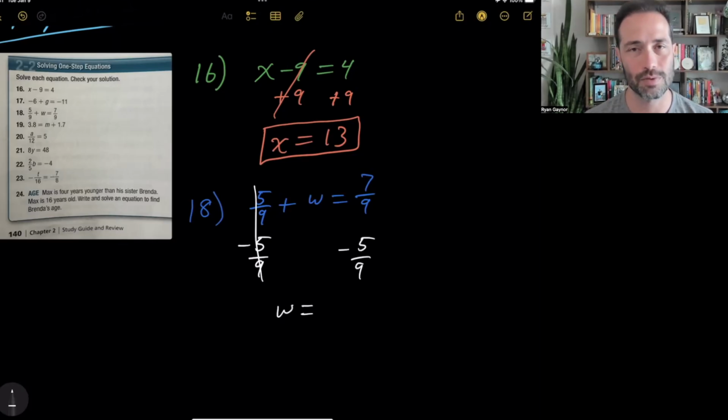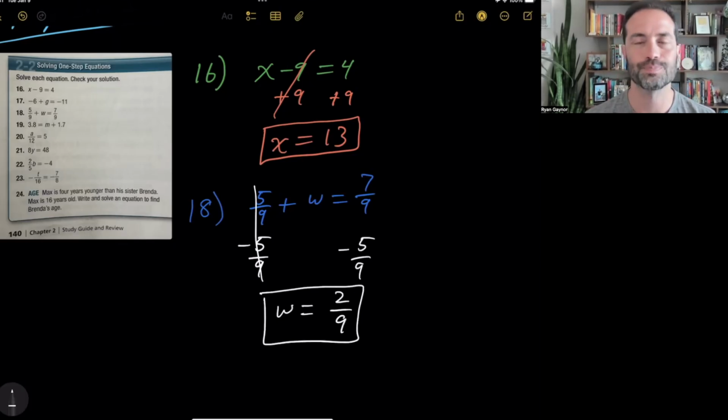Now when you're subtracting fractions, you must have the same denominator, right? Which means the same bottom number, which thankfully we do. So all we have to do is subtract the top numbers and rewrite the bottom number. So 7 minus 5 is 2. So we have 2/9. And that is our final answer.